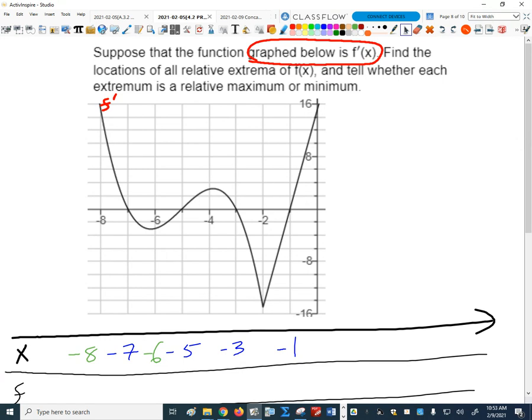What are the x values where the derivative equals 0? Okay, good. Yeah, so -7, -5, -3, -1. So those are my critical numbers.